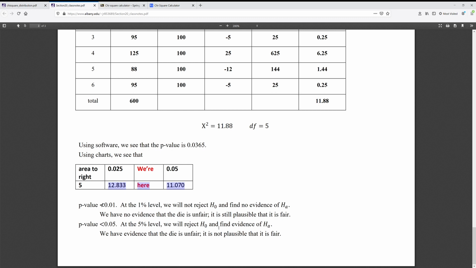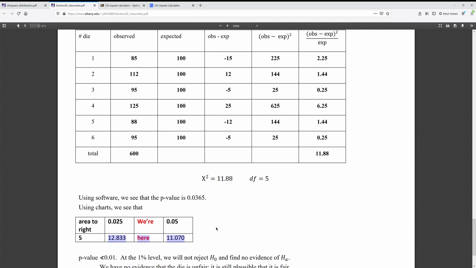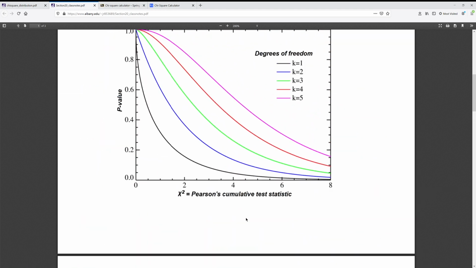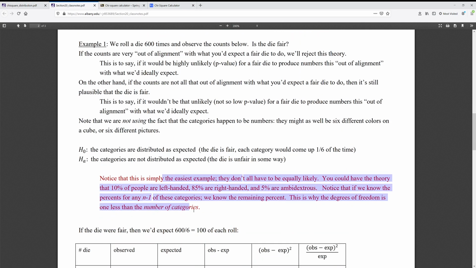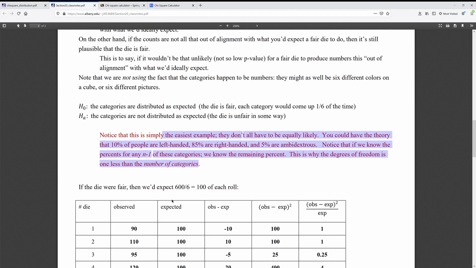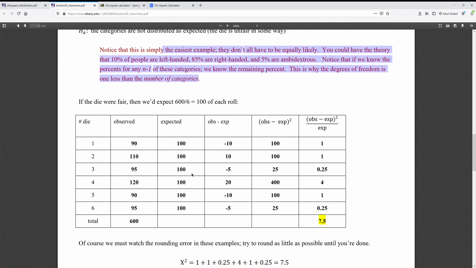I want to put up a further one on my website just to clear up any misconceptions. I would like to put up something more akin to the one that I talk about here in the red, where the categories are not all a sixth each, where you've got a little bit more freehand on the percents, because in these particular examples, we have categories that are all equally likely, which does simplify this a bit, but that certainly doesn't necessarily have to be the case.